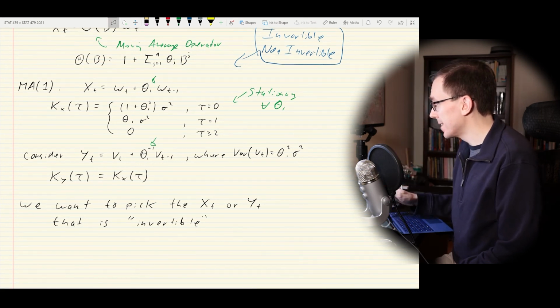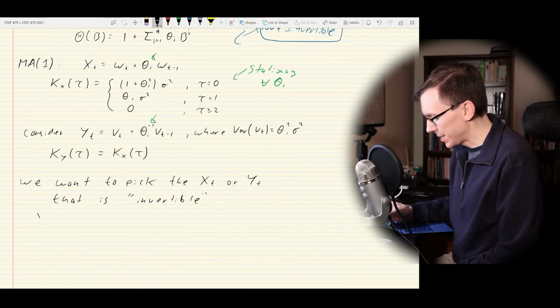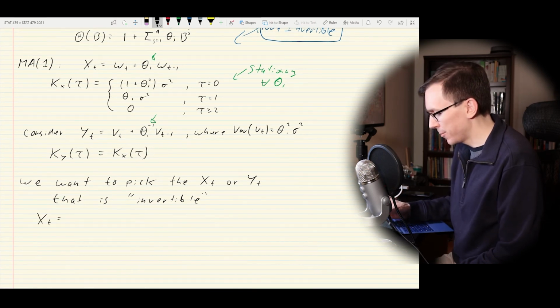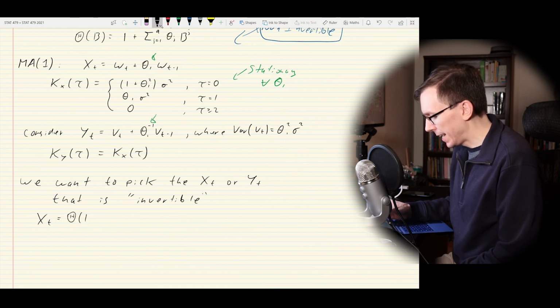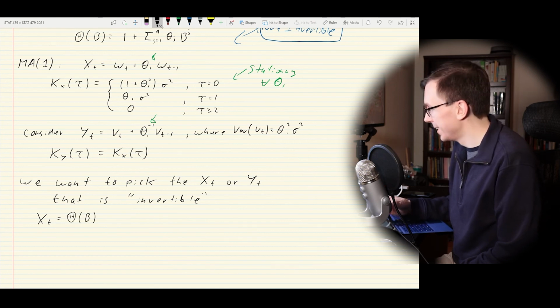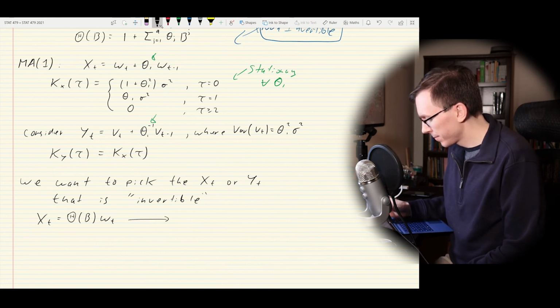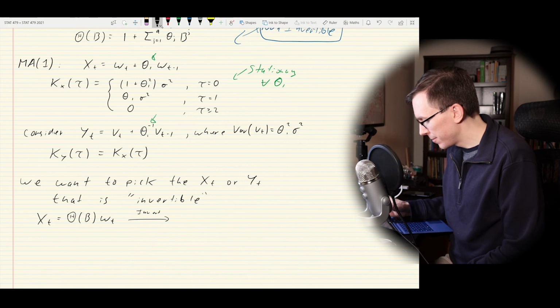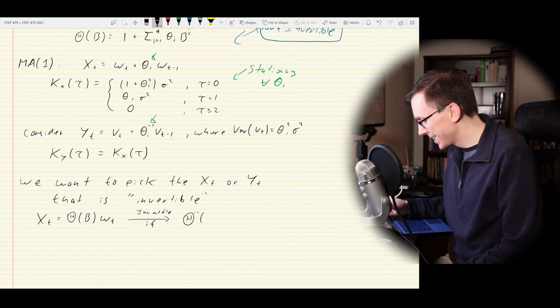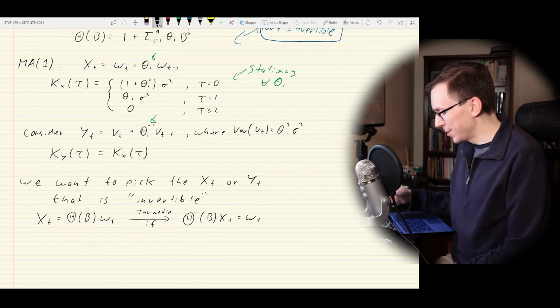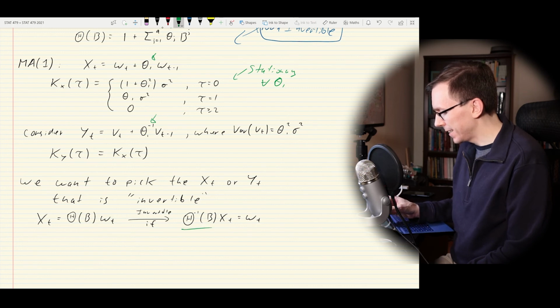If we consider xt, for the sake of writing one of them down, as theta of B applied to wt, then we say that it is invertible if we can invert theta, and we get theta inverse of B applied to xt equal to wt. So the point is, it's invertible if my theta is invertible.